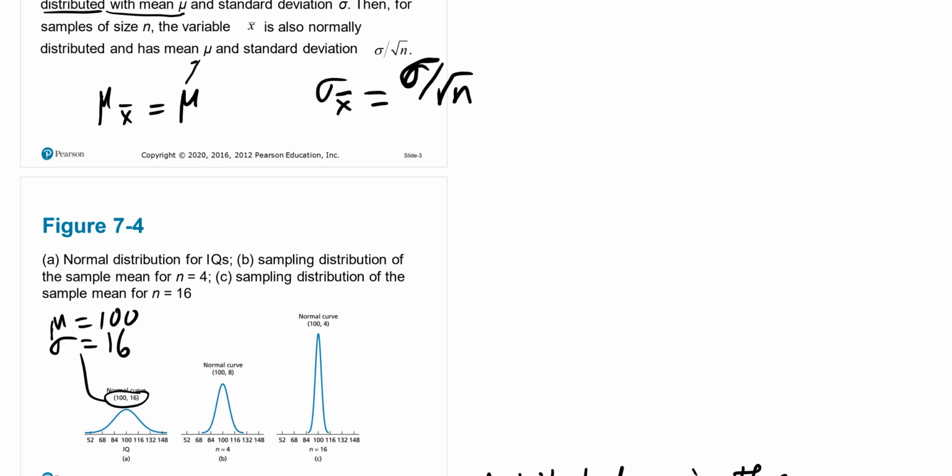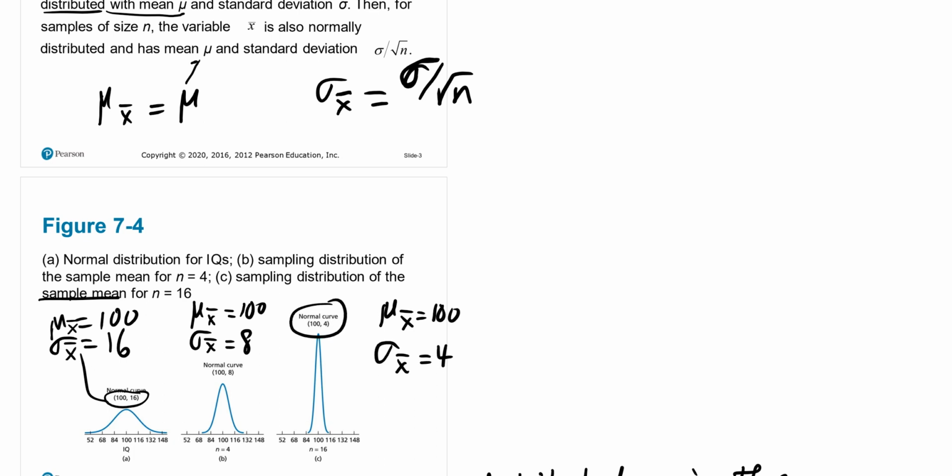For the first figure, the mean is 100 and the standard deviation is 16. Those are for the sample mean, so this is mu sub x bar and sigma sub x bar. For the second one, mu sub x bar is 100 and sigma sub x bar is 8. For the next one, it's still 100 and this one is 4.